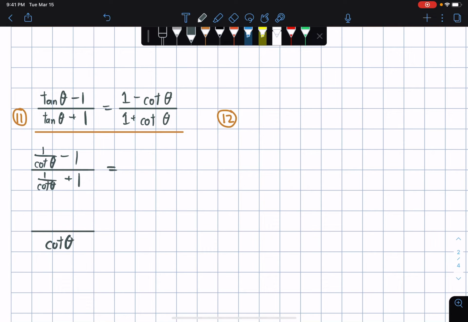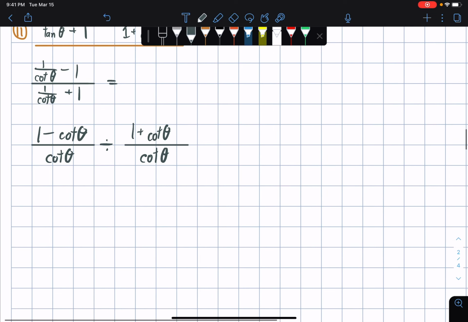Cotangent theta 1 minus cotangent theta, then divided by, find the common denominator as well, so 1 plus cotangent theta. So now we have to reciprocate, to disregard the division sign and replace it with the multiplication sign, something that we actually have to do.